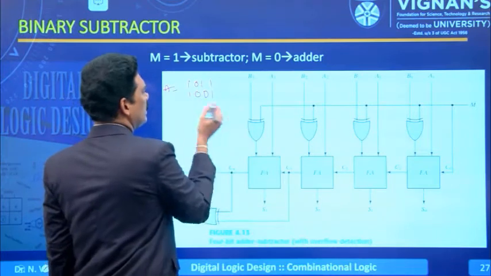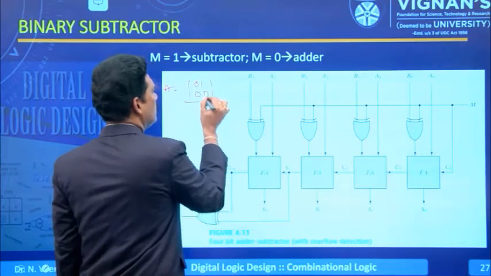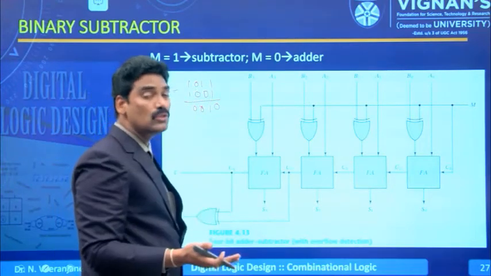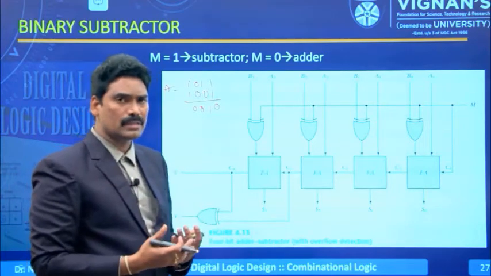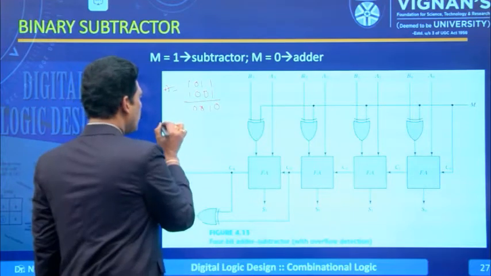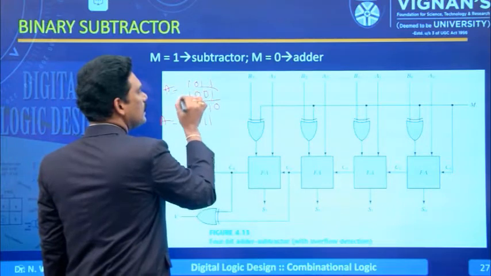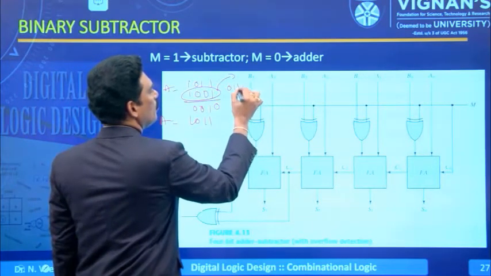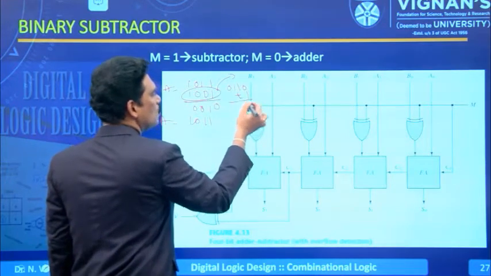Subtraction means simple general subtraction, but we are not going to use direct subtraction. How are we performing subtraction? By using 2's complement. So A is equal to 1, 0, 1, 1, and what is the 2's complement for this? This is 0, 1, 1, 0 plus 1. This is the 1's complement, and adding 1 to this gives the 2's complement.